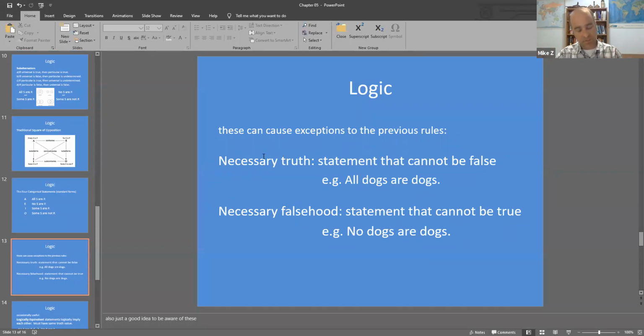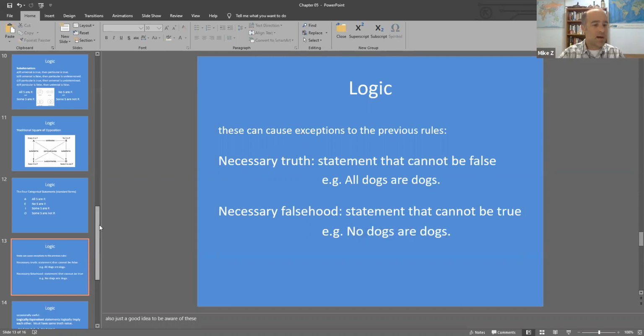And then the flip side is a necessary falsehood. This is a statement that's impossible to be true. This is the negative universal statement when both the subject and the predicate are the same term. So no dogs are dogs. That can't possibly be true, right? Since all dogs are dogs, it's got to be necessarily false that no dogs are dogs.